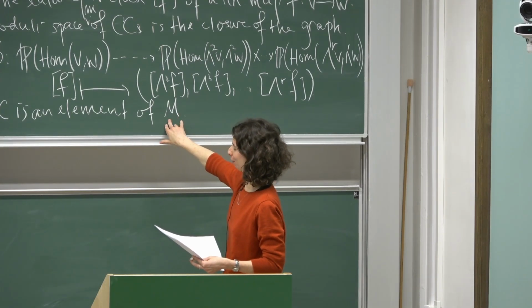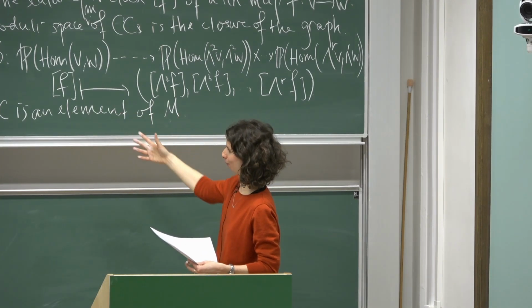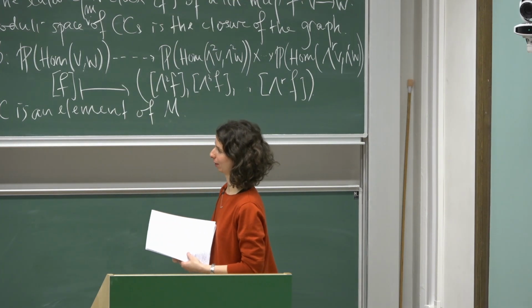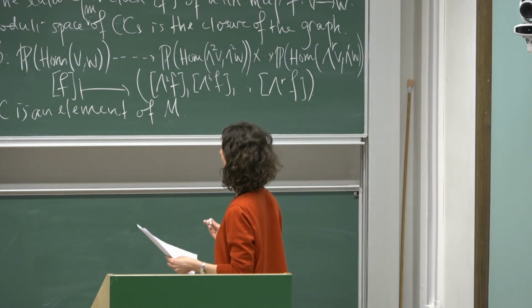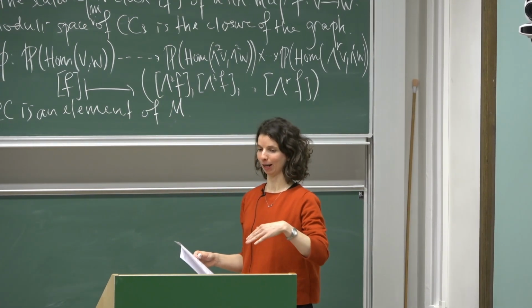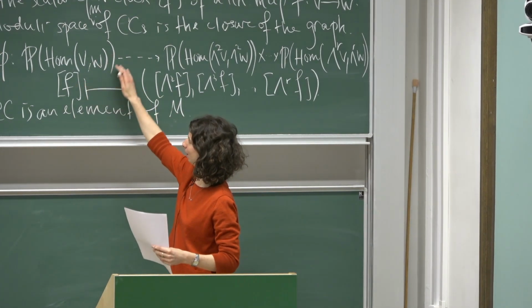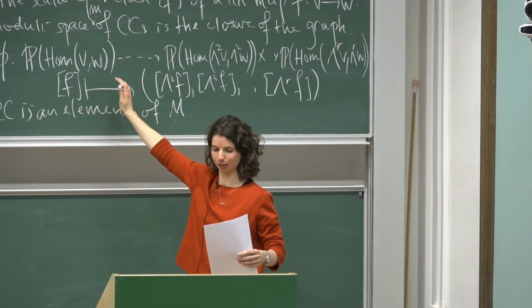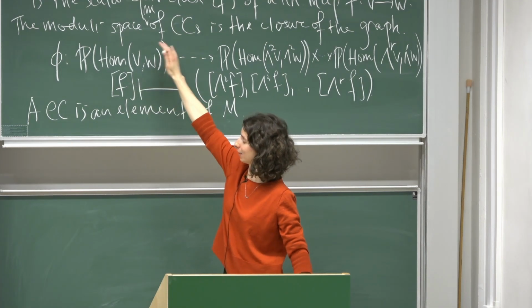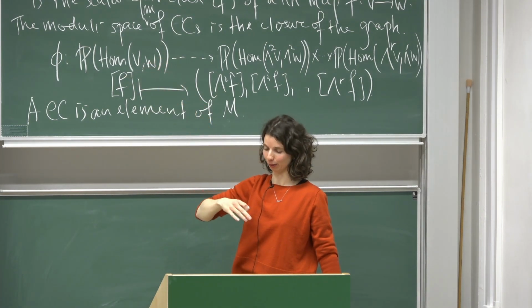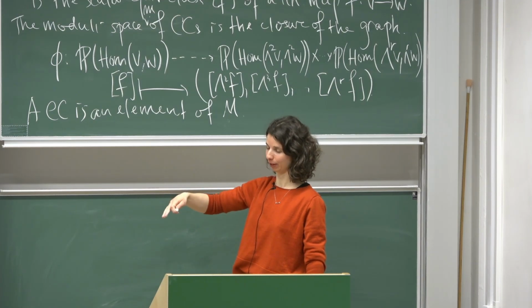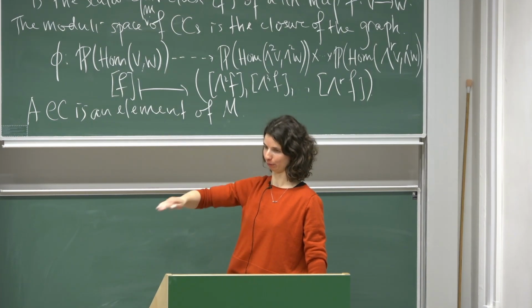So coming back to this problem that it's not easy to figure out exactly what a complete collineation should be as an element of this product space, there's another perspective that gives us a nicer description, and that comes from describing this moduli space in a different way as a sequence of blow-ups. This is due to Vainsencher, I think in 1985, and he explained how you can reach M by taking this projectivized Hom space, looking at the locus of rank 1 collineations and blowing that up, then blowing up the proper transform of the rank 2 locus, and so on.